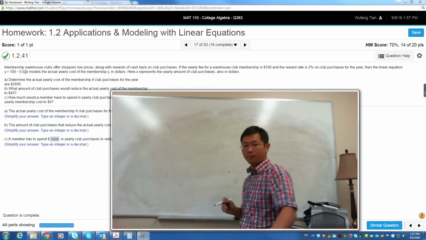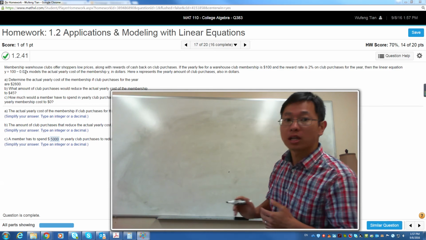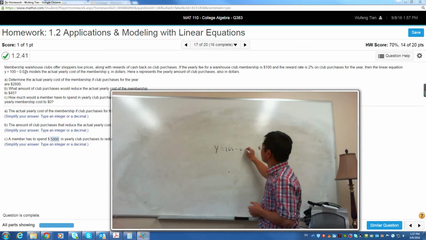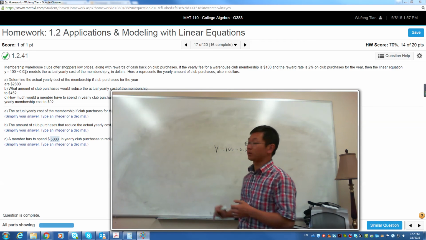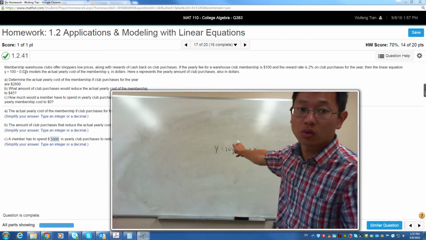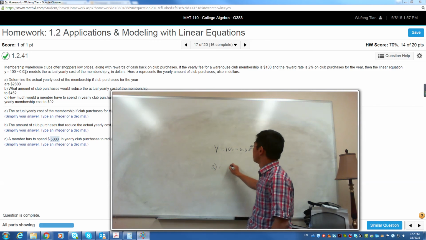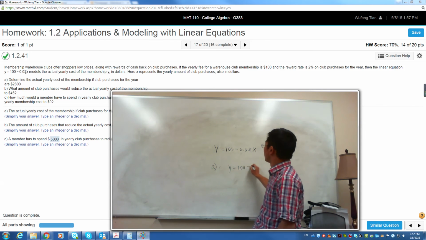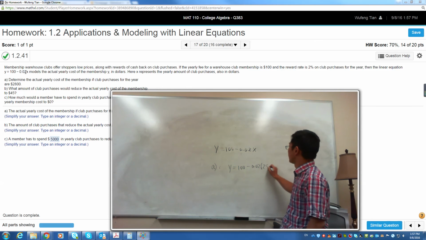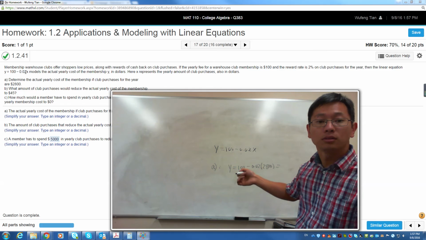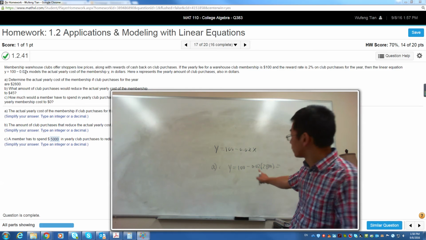So the first one is y equals 100 minus 0.02x, right? You plug 2,800 into the equation. So y equals 100 minus 0.02 times 2,800, and you solve that. Whatever you got is going to be the answer for the first one.